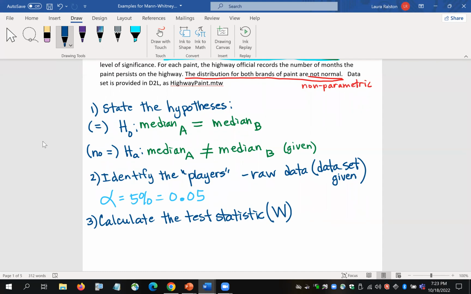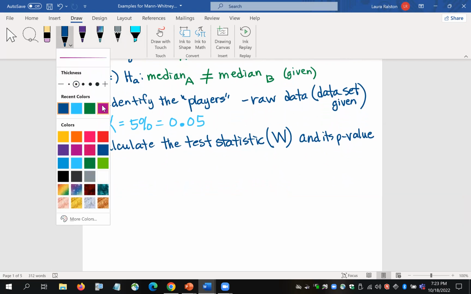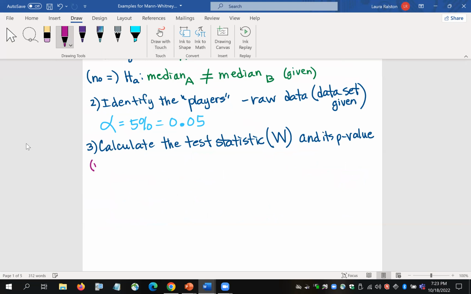Okay, so the W comes from the fact that it could be called Wilcoxon and its p-value. And again, to do this, we are going to use Minitab.